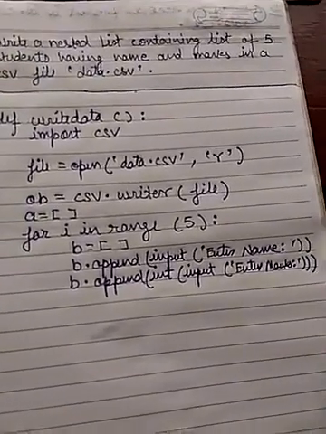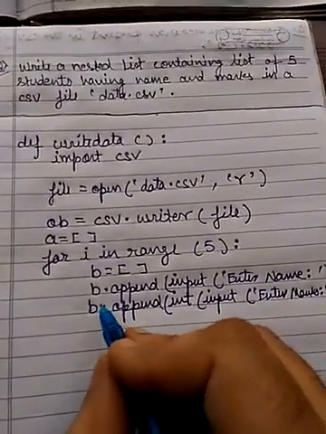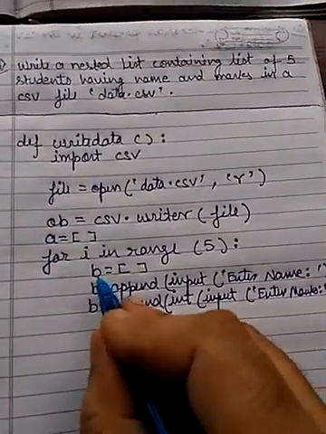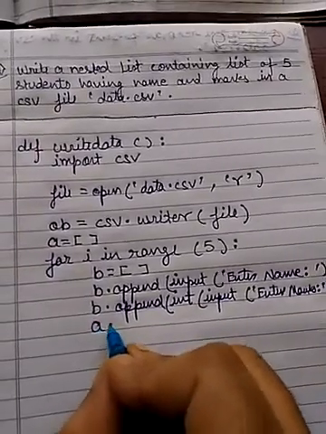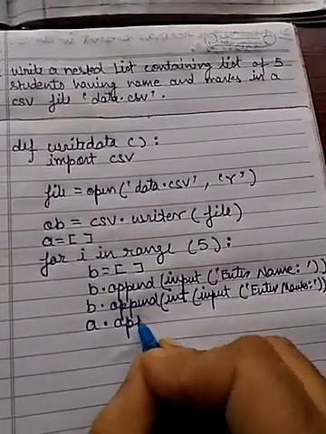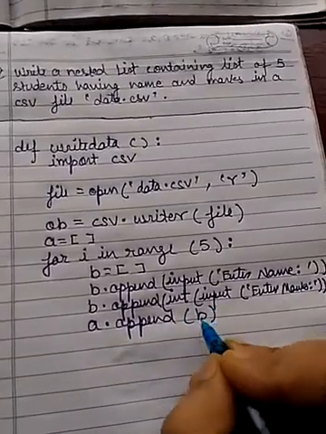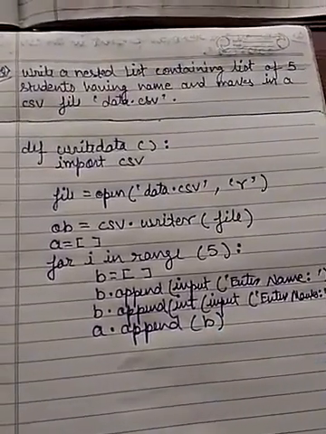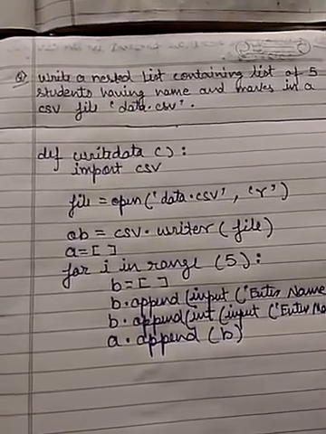Now in this way we have read name and marks. Now our B list is ready. Now we have to append this B inside A. So I am writing here A.append(B). Now B will be an element of the list A. Now our nested list A is ready.